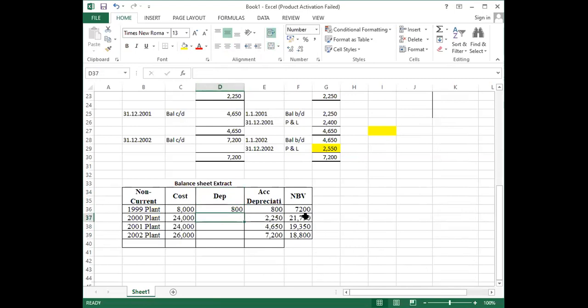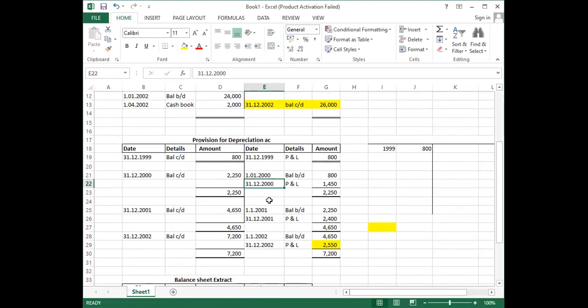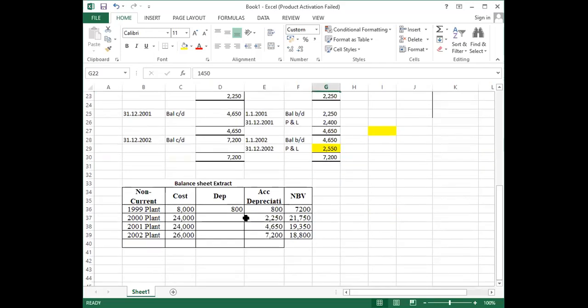For year 2000, what was the depreciation? You come to the example here. What was the depreciation for year 2000? It was 1450. True or false? So if you add 1450 here, what will be the new amount? What will be the accumulated? Accumulated means everything. Accumulated here will be that one for last year plus this one for this year, right? And that's where we are getting 2250. What was the depreciation for year 2001? It was 2400. True or false?